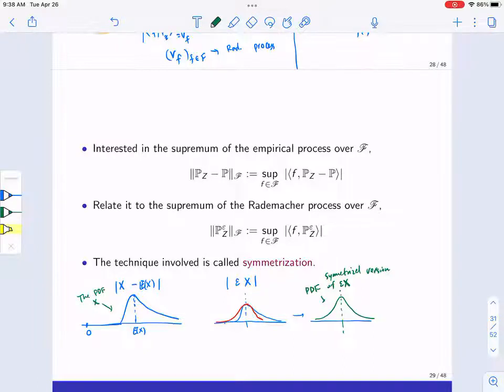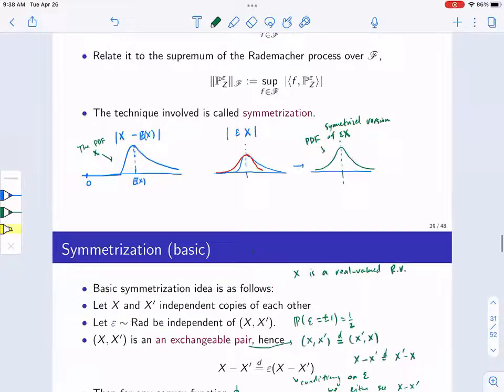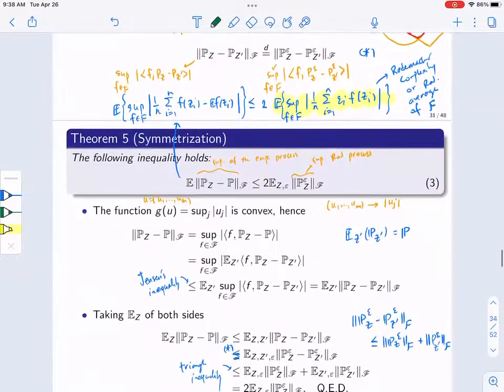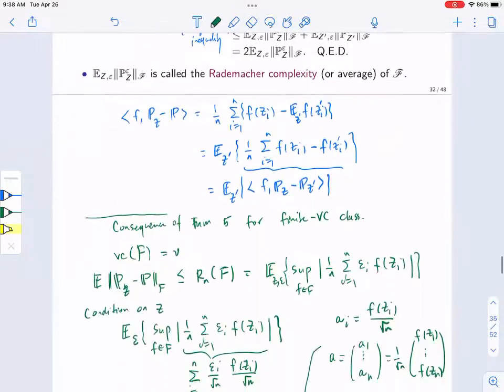The point was, and I'm not going to repeat this, that in the end we had a result like this: the expectation of the supremum over Z is bounded by twice the expectation of the supremum of this Rademacher process, where now the expectation is both under Z and epsilon. Okay, and that's the symmetrization argument.